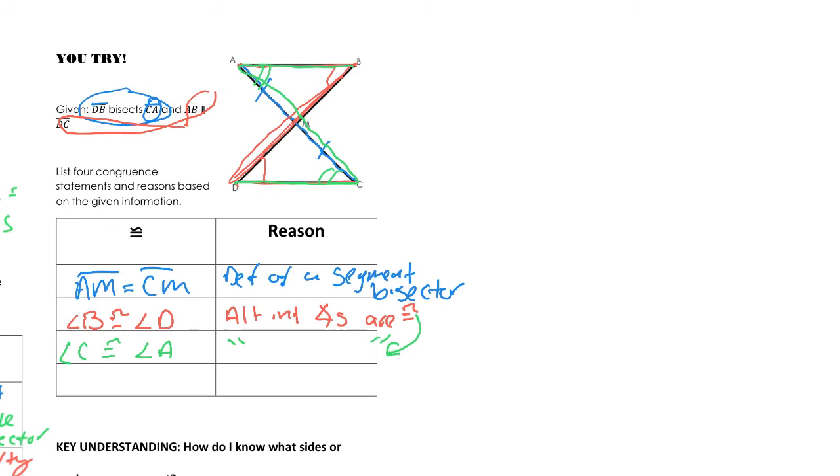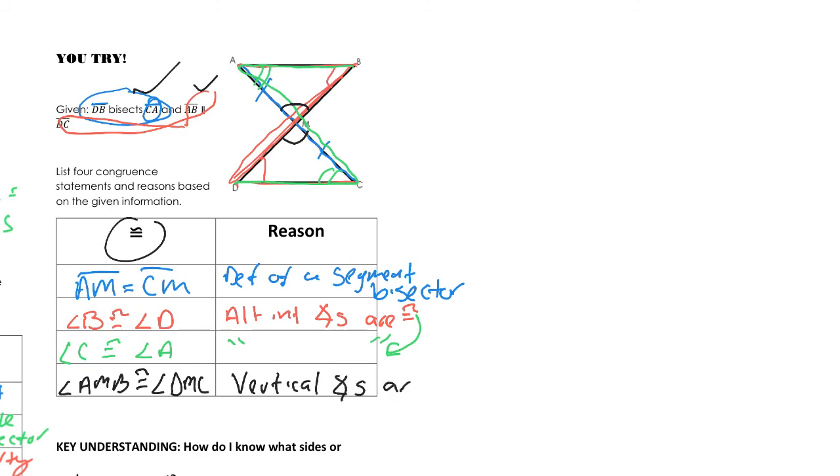So there's one more angle that I got to find that's equal, or one more congruence. Now, I've used both my givens, but looking at this diagram, I see that this angle is equal to this angle. Angle AMB is congruent to angle DMC. And the reason is those are vertical angles. And vertical angles are congruent.